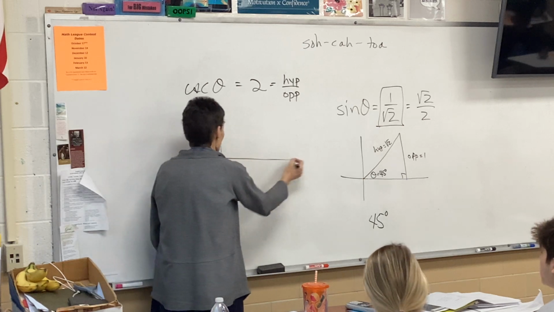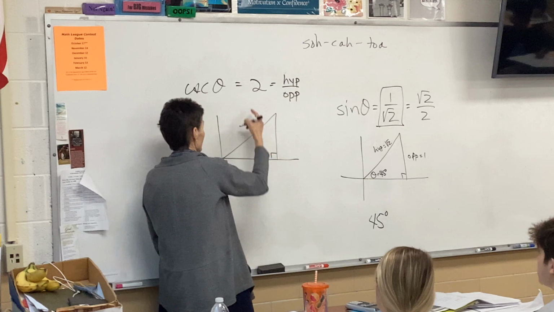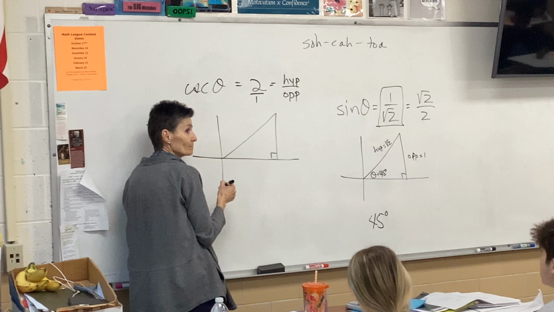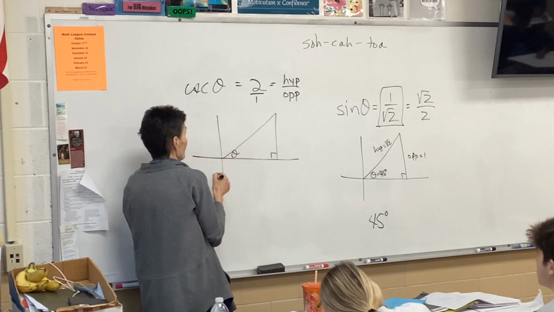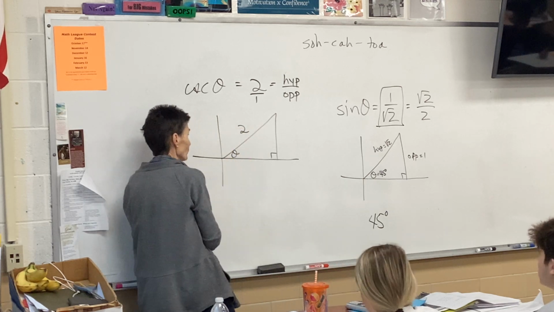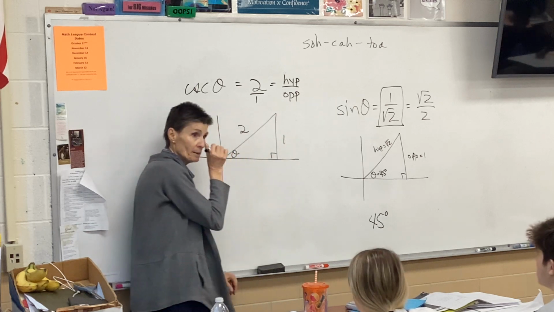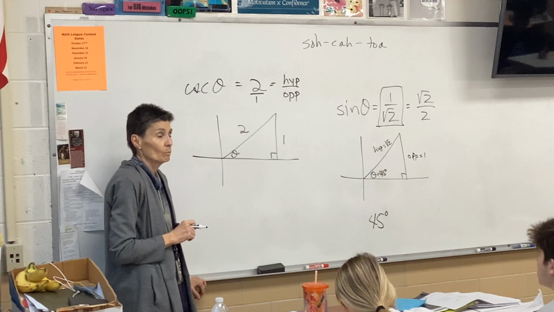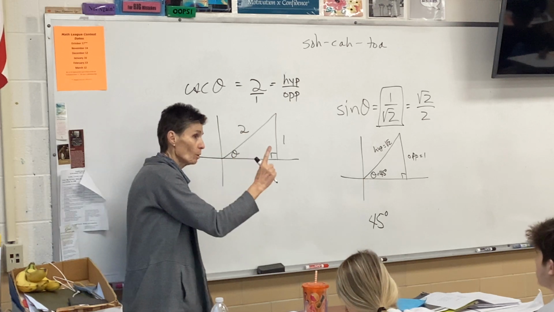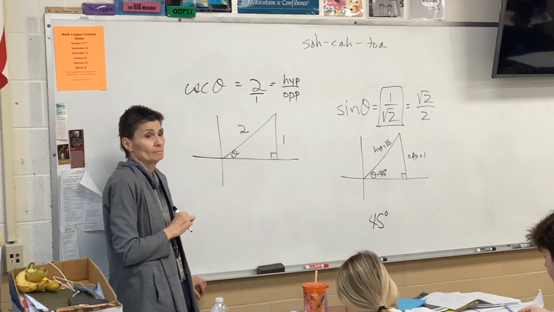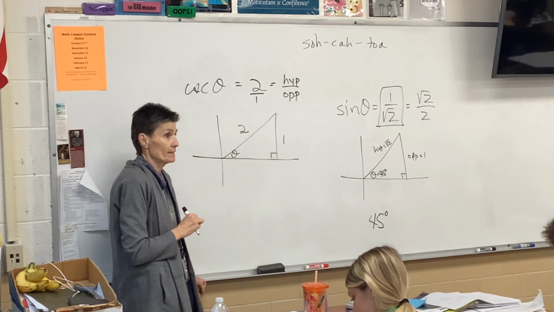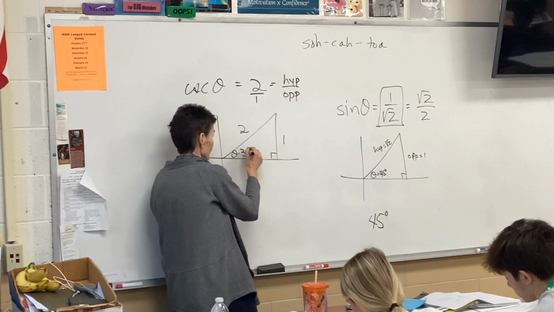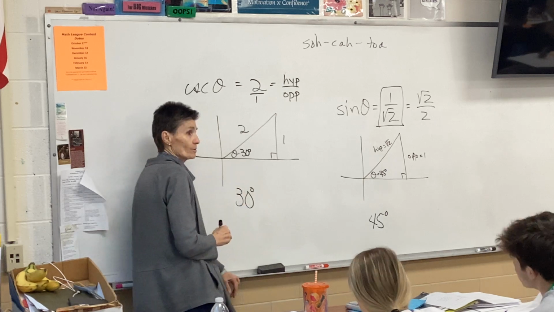So in this triangle, wait, there's only one number there. Over 1. The hypotenuse is 2, and the opposite is 1. Okay, stop right now. What kind of triangle has a regular 1 and a regular 2? 30, 60, 90. Yep. And across from the 1 is the 30. So the answer to the question is 30 degrees.